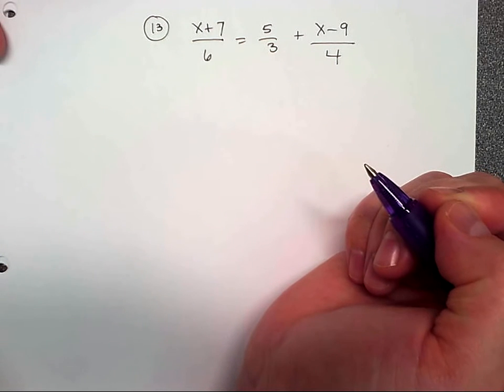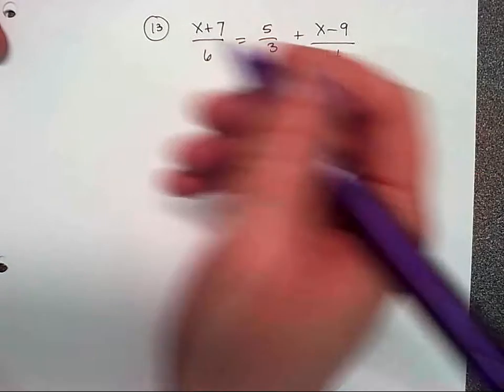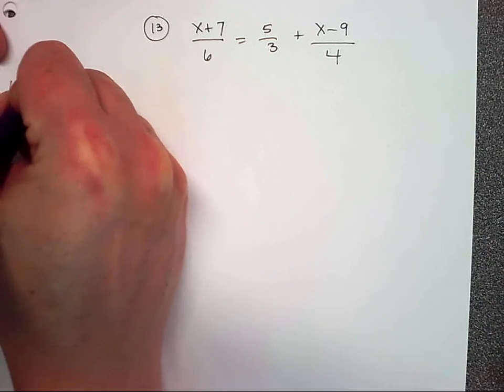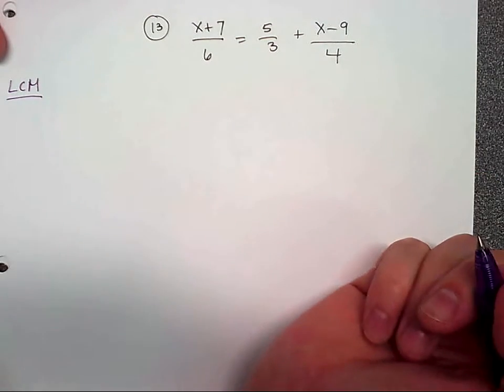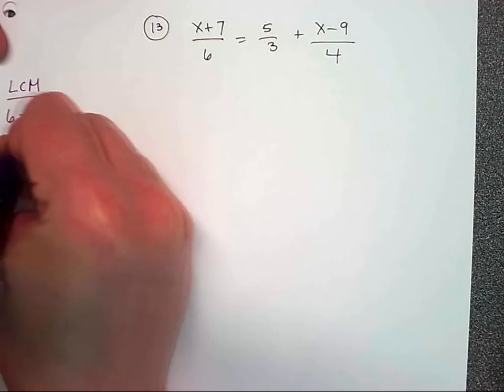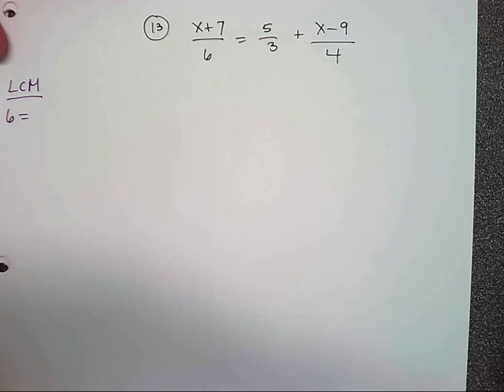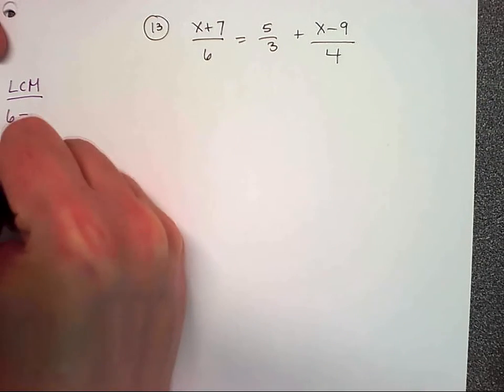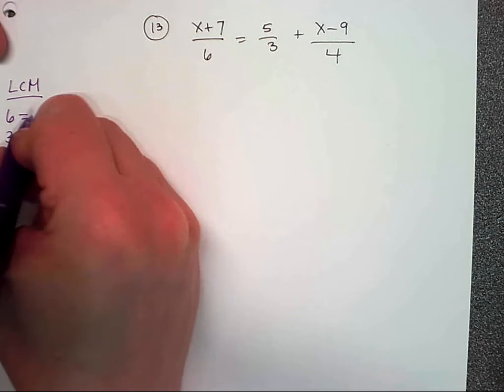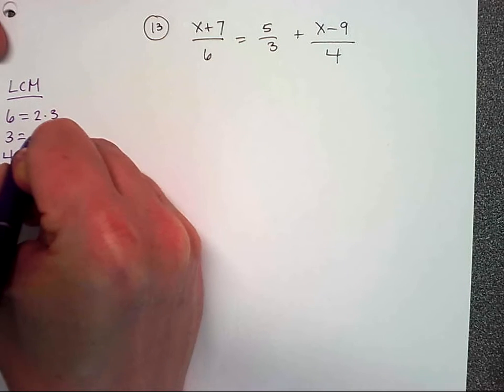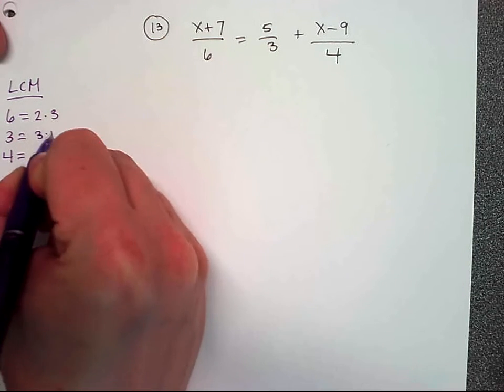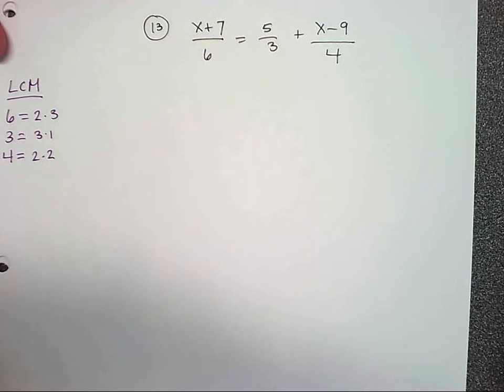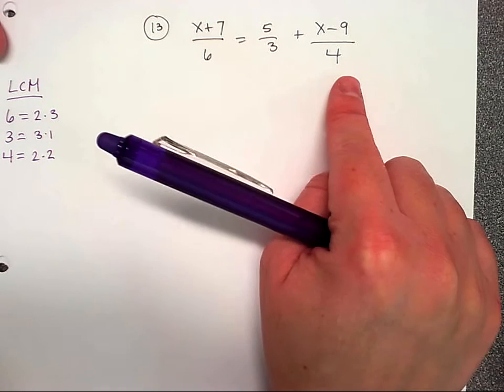So I think it's called the least common multiple. So I'm going to write down all my denominators, and I'm going to write out the prime factorization of each. Have you guys done this before? Is this too much? Can you see that it's 12?